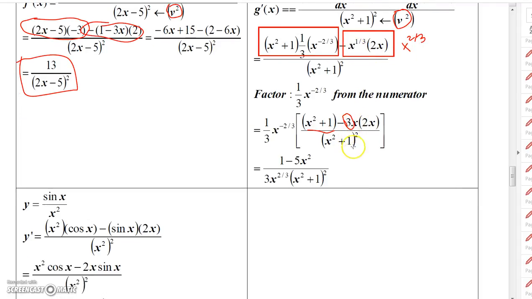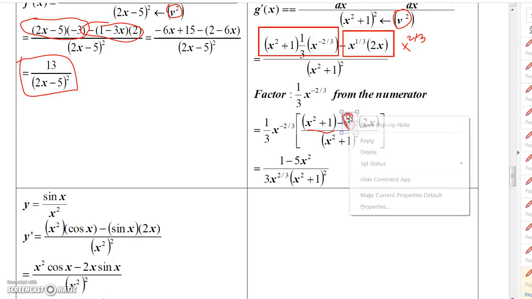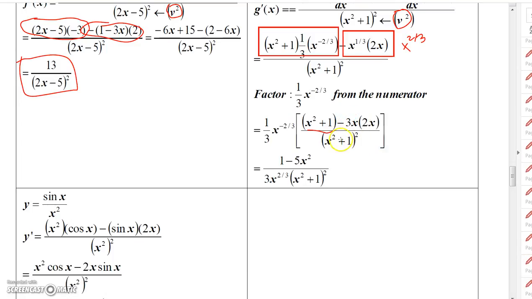So anyway, when you get done with that, you might want to go to scratch paper to do that step. But anyway, you get x squared plus 1 minus 6x squared, which actually is just 1 minus 5x squared. And then I went ahead and moved x to the negative 2/3 to the denominator and changed its sign to positive. And then, of course, I had the x squared plus 1 quantity squared and 3 also in the denominator.